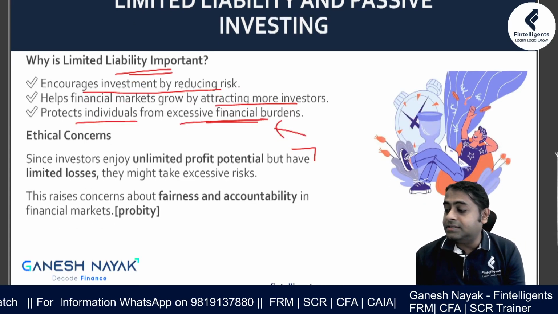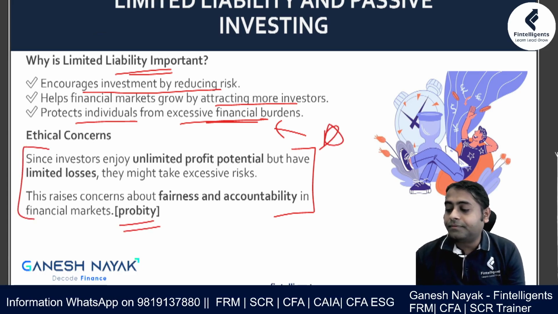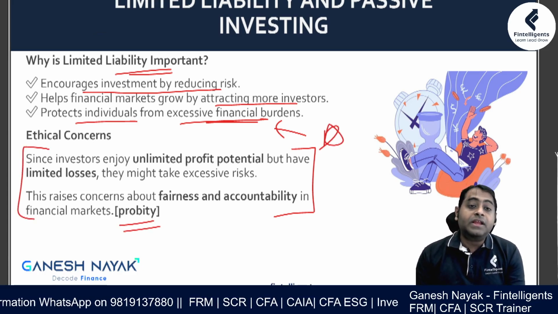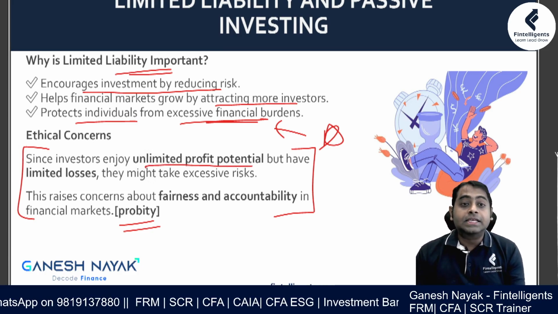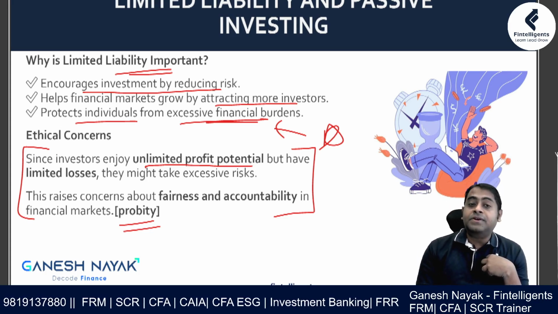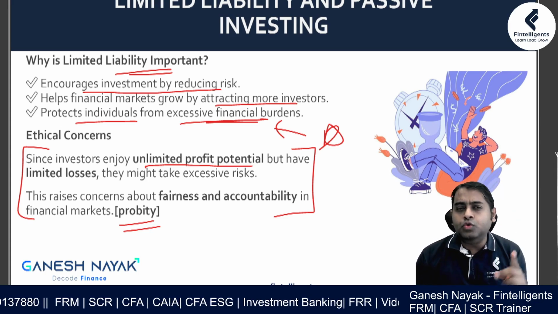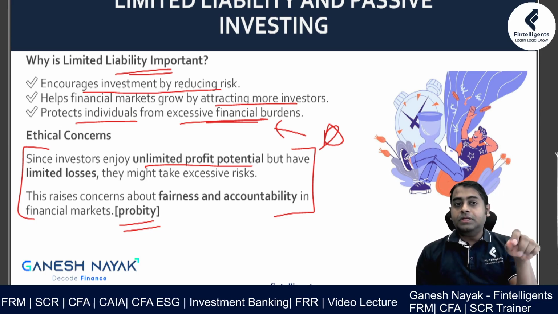Ethical concerns. Now, this part, probity. Since investors enjoy unlimited profit potential, why? See, if the fund does very well, it was my money that was invested, I will be earning huge profit, but the risk is limited.